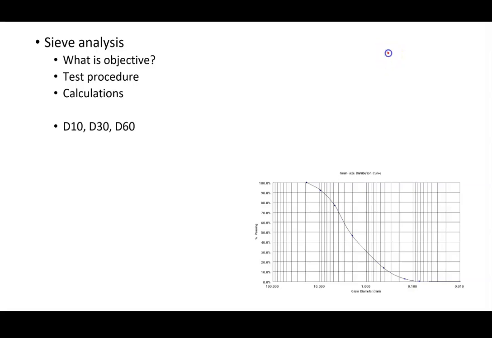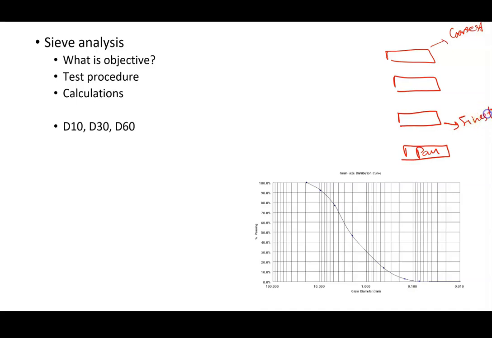So if you remember, we select a set of sieves. The coarsest sieve on top, the finest sieve here.